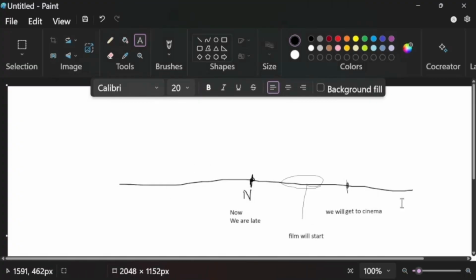For example, if we take again this timeline, now they have been married for 24 years, right?